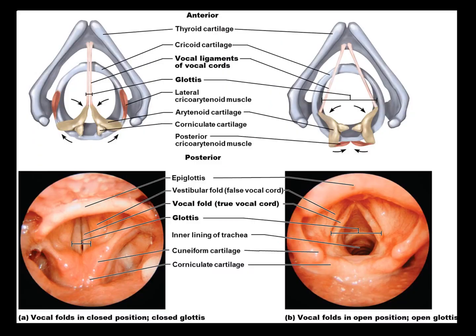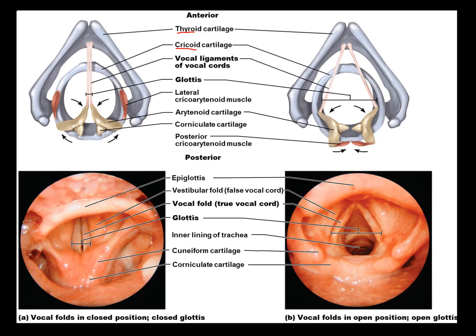This is a picture to show you a schematic of the vocal cords, but also what it looks like if you look into the back of someone's throat. The bottom pictures are actual pictures of the vocal cords themselves. If we look at the top picture first, we can see the schematic drawing. If we find our thyroid and cricoid cartilages, that's these guys, the big outer cartilaginous structures.